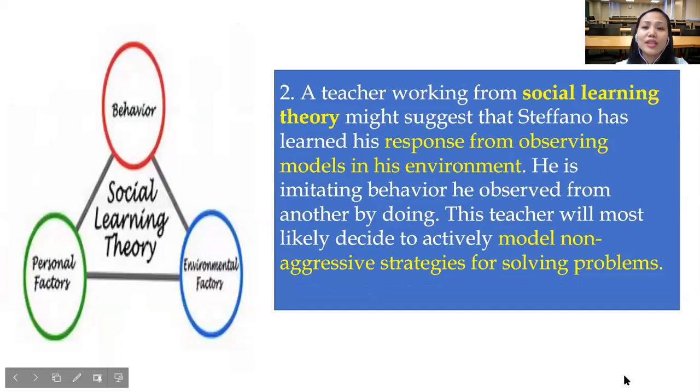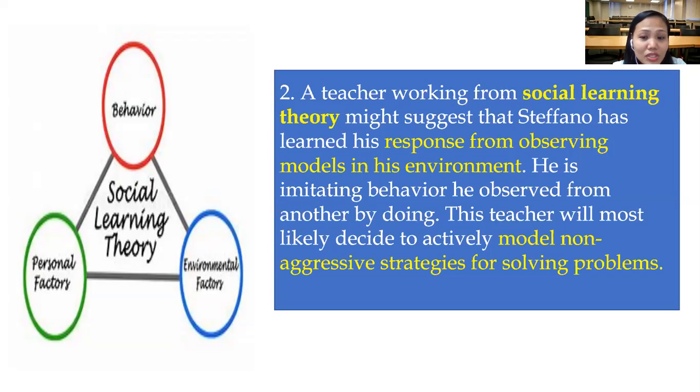Next, we have a teacher working from social learning theory. This teacher might suggest that Stefano has learned his response from observing models in his environment. He is imitating behavior he observed from another. This teacher will most likely decide to actively model non-aggressive strategies for solving problems.